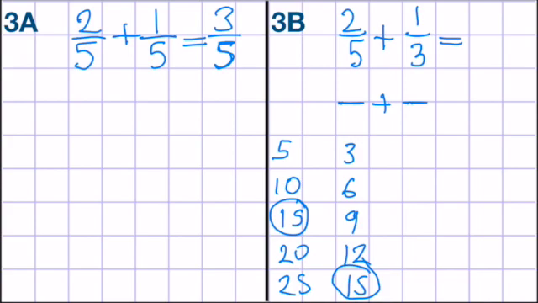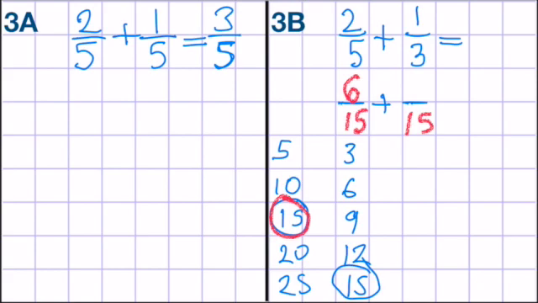Let me use a different colour so that we are not confused with all these different writings. So 15, 15. Now, whatever I do to the denominator, I need to do to the numerator. So to make 5 into 15, I timesed it by 3. So I'm going to do 2 times 3, which is 6.